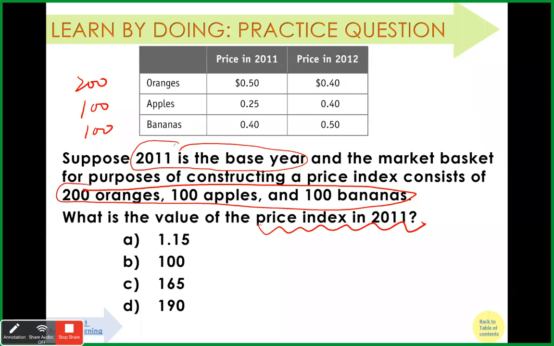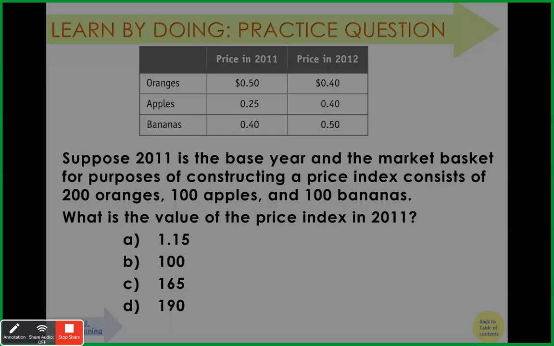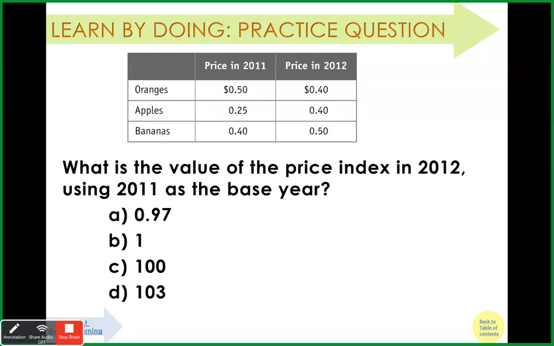Because for the base year, the price index must by construction equal 100. Does it make sense? Okay, so just make sure. The given year is the base year, and the base year divided by the base year equals 1, times 100.